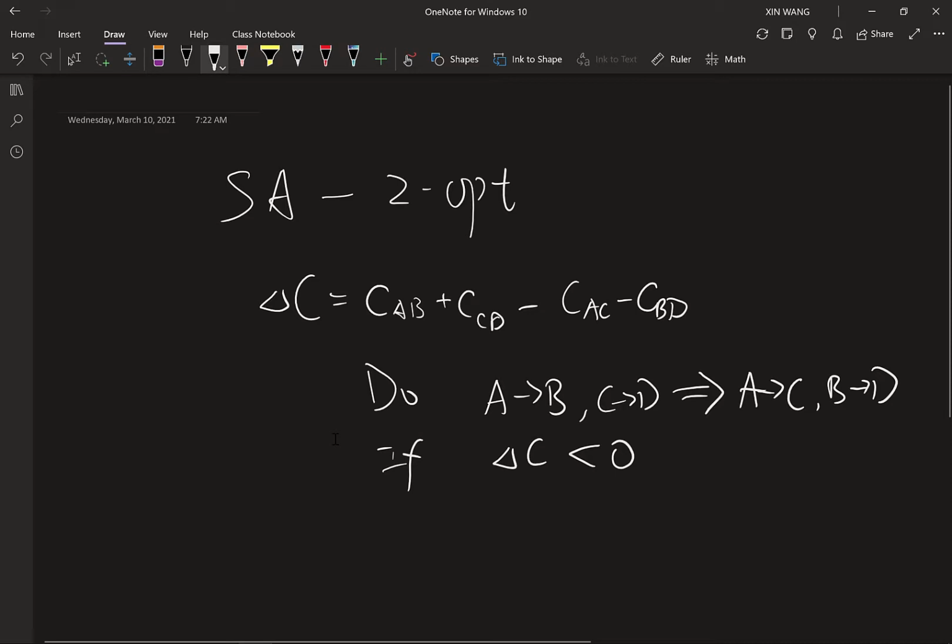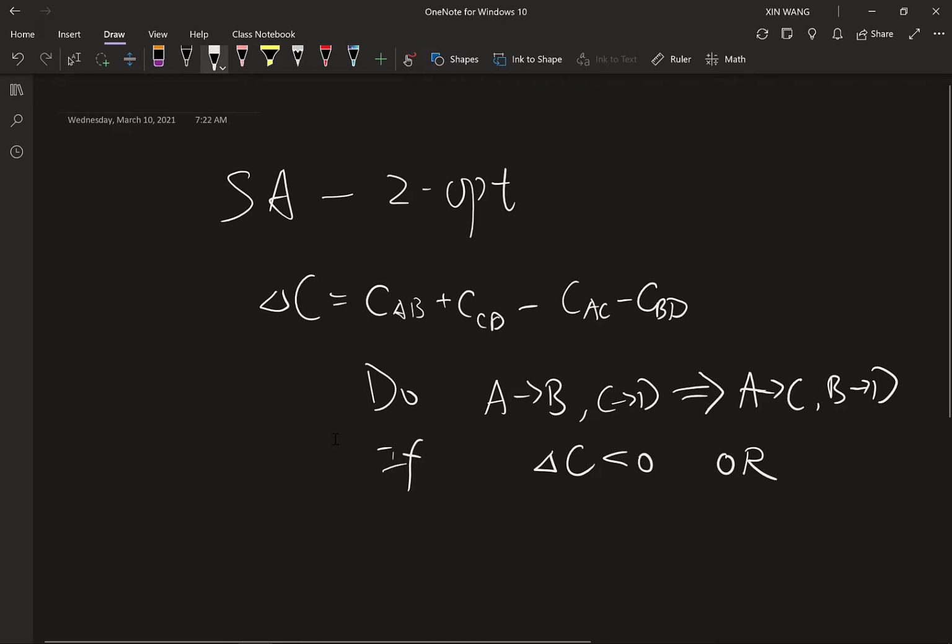But under the concept of simulated annealing, even if the swap operation does not reduce the cost, meaning the cost change is greater than or equal to 0, there is still a small chance that we accept the swap to allow it to jump outside of a local minimum.